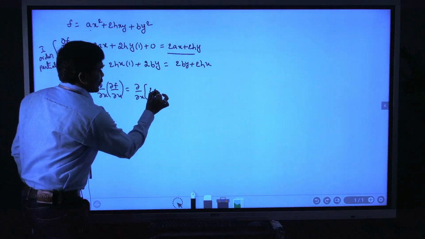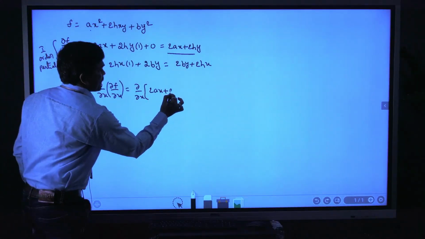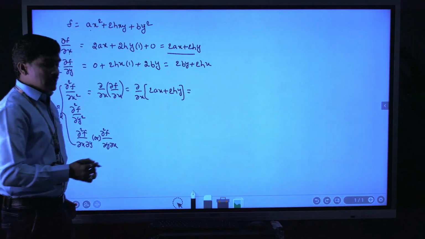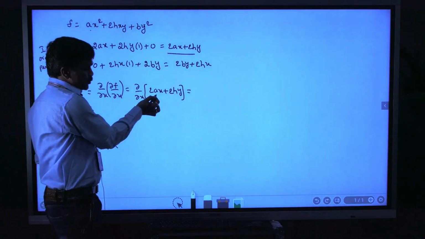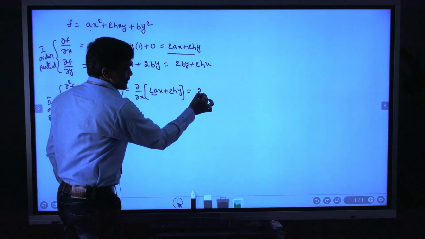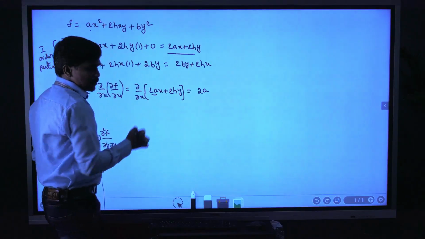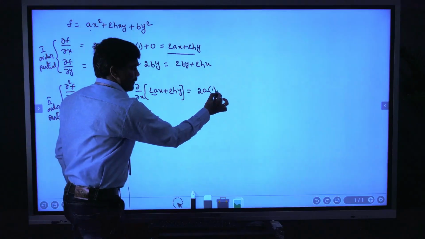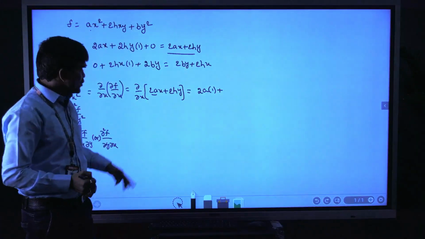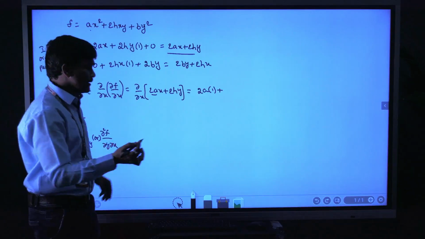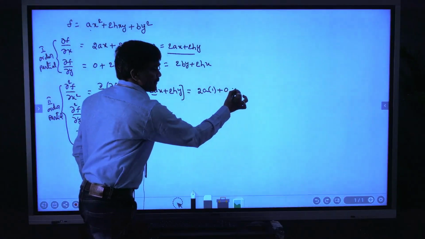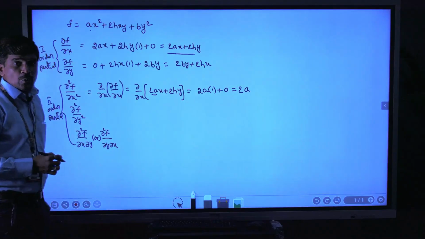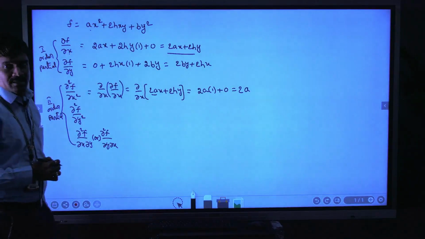Now with respect to x, 2a is constant as it is, and the derivative of x is 1, plus 2hy with respect to x is constant, so the derivative is 0. So we get 2a as dou square f by dou x square.